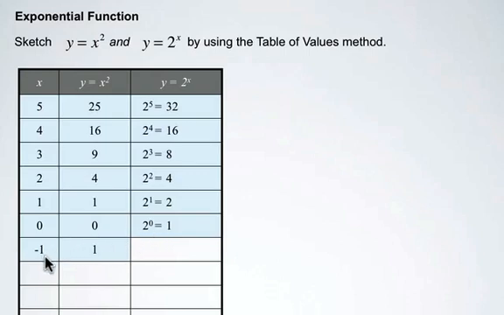When x is negative 1, x squared is 1, and 2 to the x is 0.5. When x is negative 2, x squared is 4, but 2 to the x is 2 to the negative 2, which is 0.25.